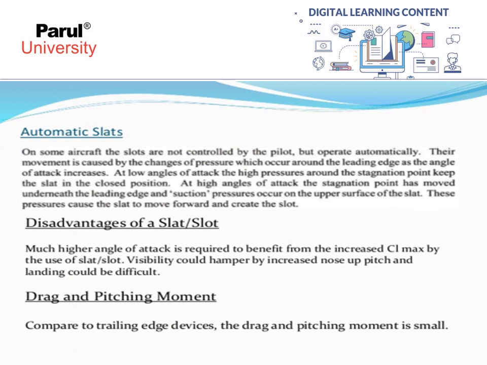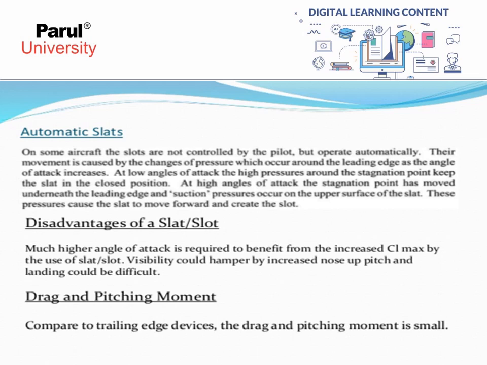Now, what are the automatic slats? On some aircraft the slots are not controlled by the pilot but operate automatically. Their movement is caused by the changes of pressure which occur around the leading edge as the angle of attack increases.